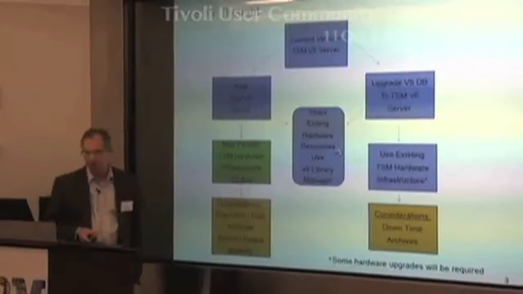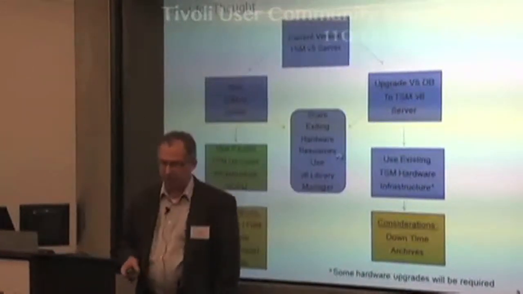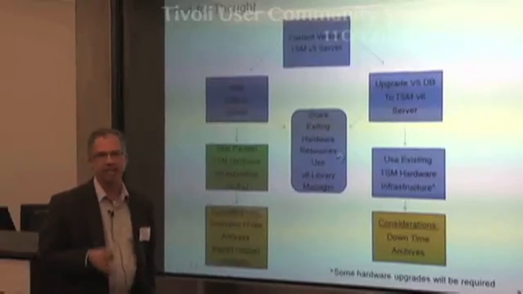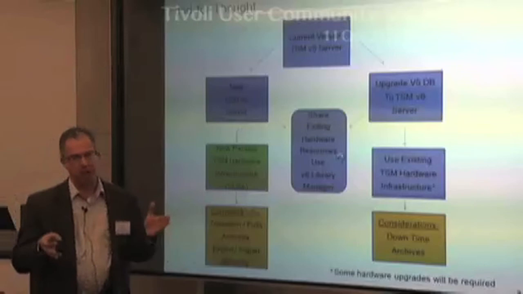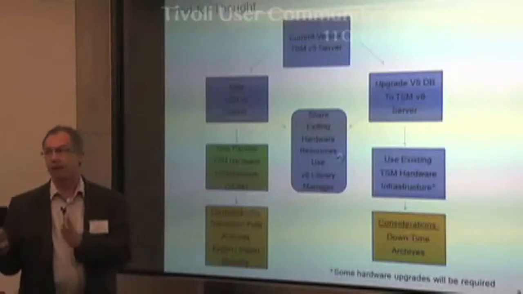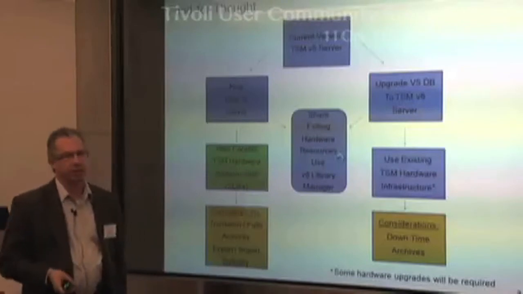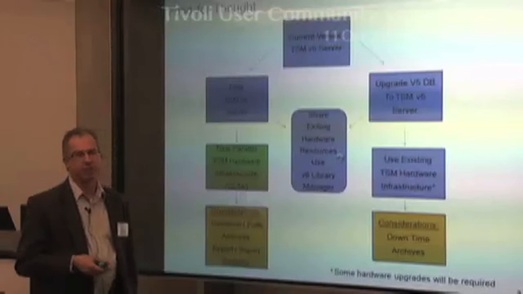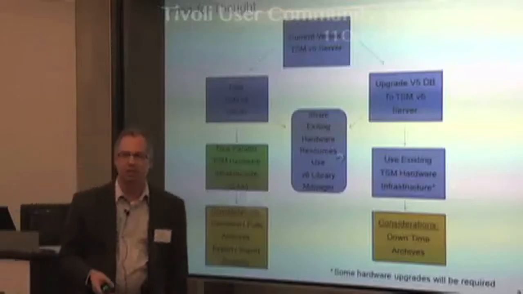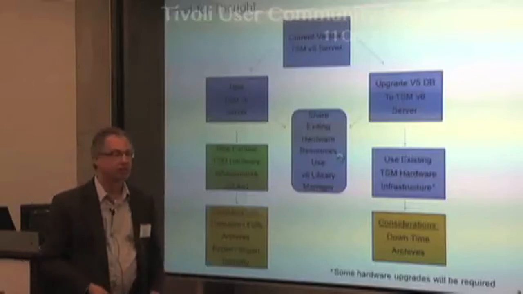So when we talk about upgrading, Yogi Berra said, when you get to a fork in the road, take it. And the fork here is, do I put a new environment in, or do I upgrade the existing environment? The prevailing wind has been to put a new environment in, build a whole new infrastructure. Of course, the factor there is, do you have the budget to fund that parallel infrastructure that has to go in place?